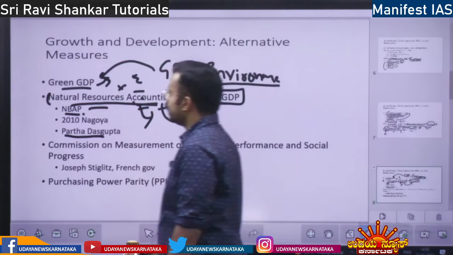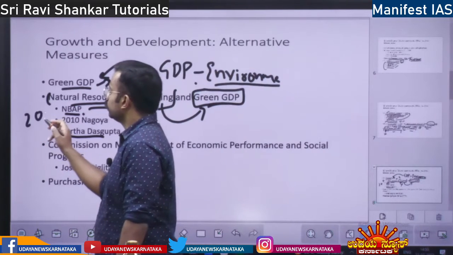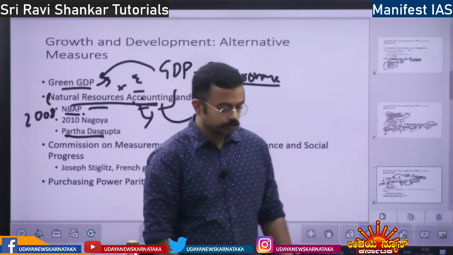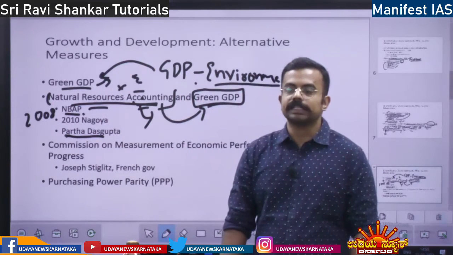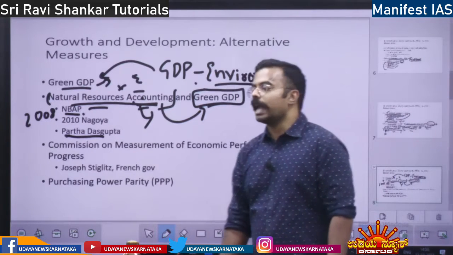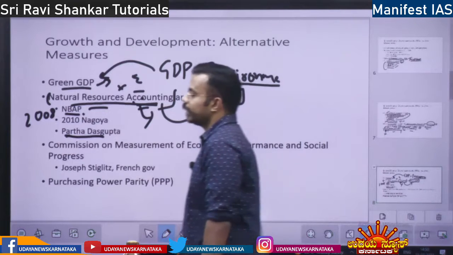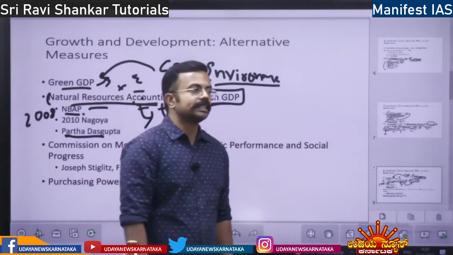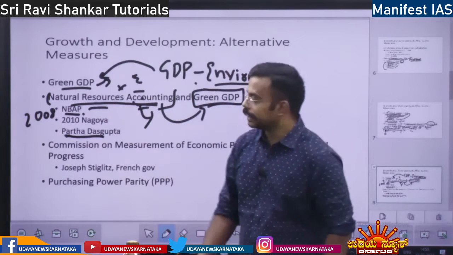So in 2008, we have two things. One is the National Biodiversity Action Plan. The second thing is the National Action Plan on Climate Change. Very, very important. 2008, National Biodiversity Action Plan. So what is it?